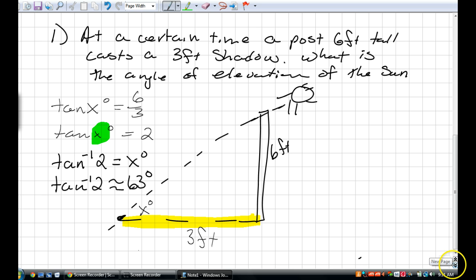Okay, we can also use trig functions to find the length of something.